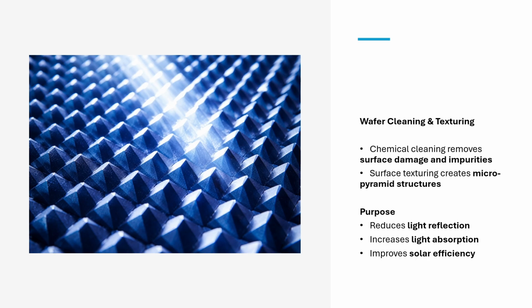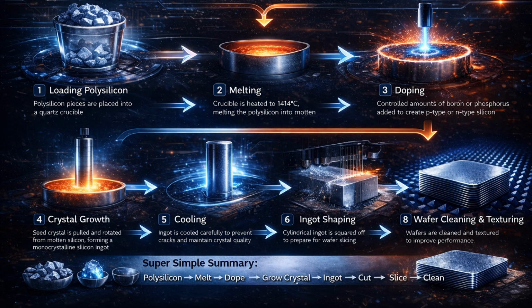So these are the entire steps. These wafers are the base material for solar cells. Let me go through the entire process once. First we convert polysilicon into a crystal ingot. Then we slice it into thin wafers. You can see the image, you might get some clarity. And these wafers are used to make solar cells.